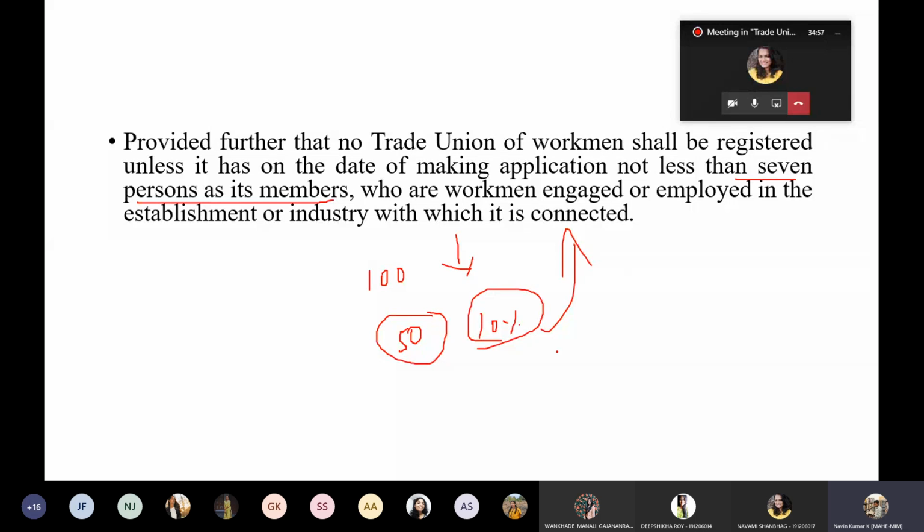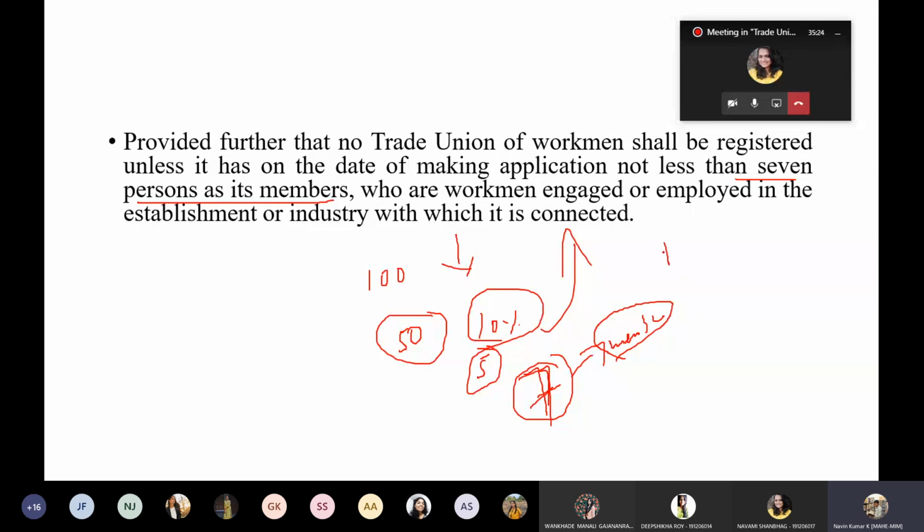Along with 10%, which comes to 5 people, this part says that at least there must be 7 members. You need to prove that at least 7 workmen are the members of your union.